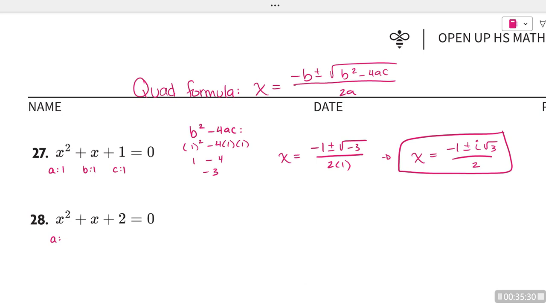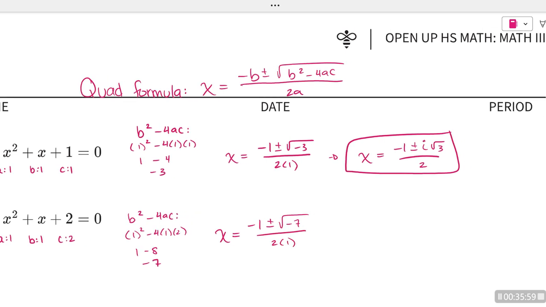Okay, here, 28, our a is 1, our b is 1, and our c is 2. So this time b squared minus 4ac is 1 squared minus 4 times 1 times 2. So 1 minus 8, or negative 7. So x equals negative 1, because that's our b value, plus or minus the square root of negative 7 over 2 times 1.